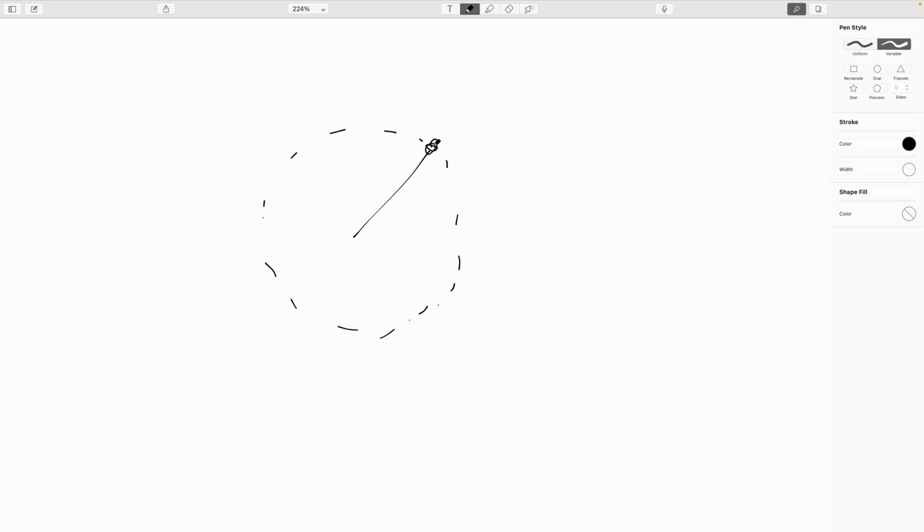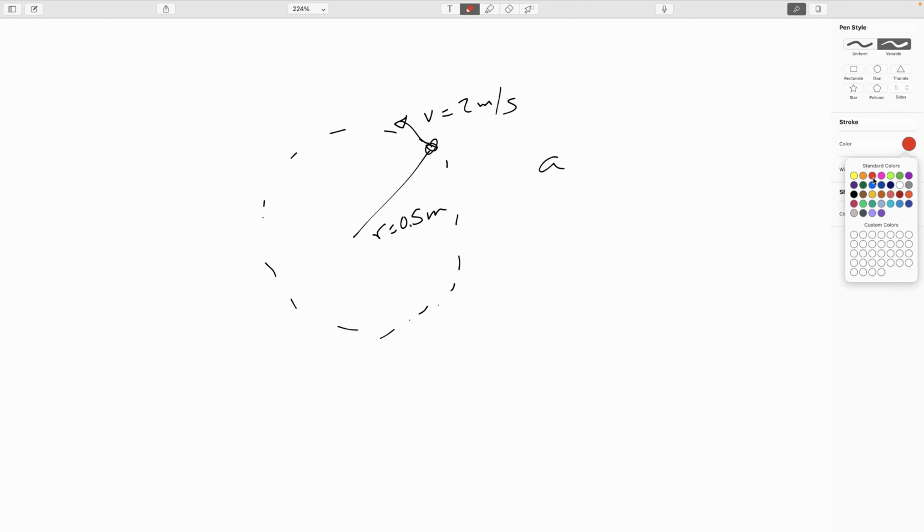Like so. Let's say that we are going at 2 meters per second, and let's say our string has a radius of 50 centimeters, or half a meter. The acceleration, if we're going at constant speed, it will accelerate because as we go around the circle, the direction of the velocity will keep changing.